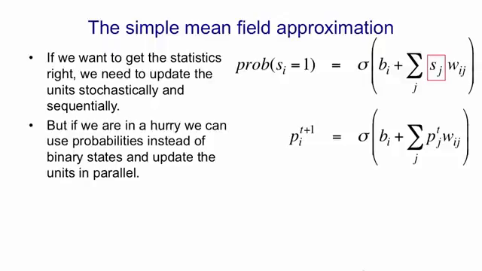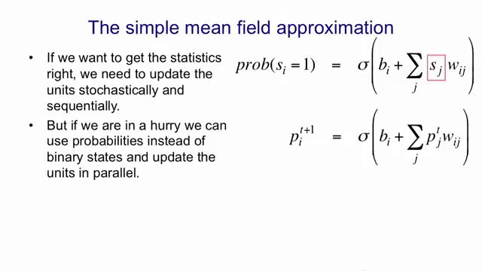We're going to keep a real value between 0 and 1, which we'll call a probability. And that probability at time t plus 1 is going to be the output of the logistic function, when what you put in is the bias and the sum of all the other probabilities at time t times the weights. So we're replacing this stochastic binary thing by a real valued probability.